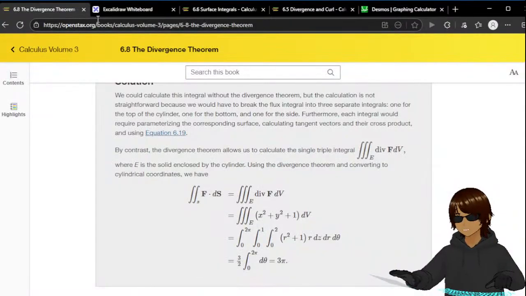Did they do something similar? 0 to 2, 0 to 1, 0 to 2 pi.